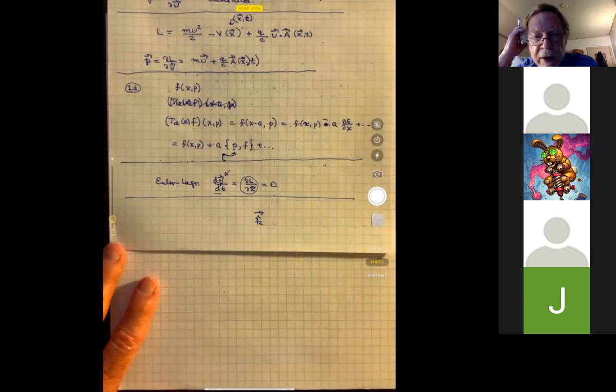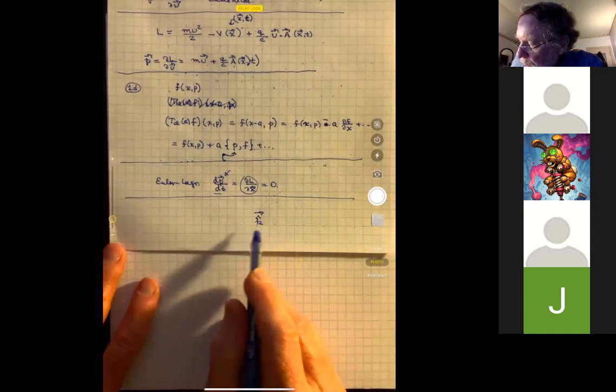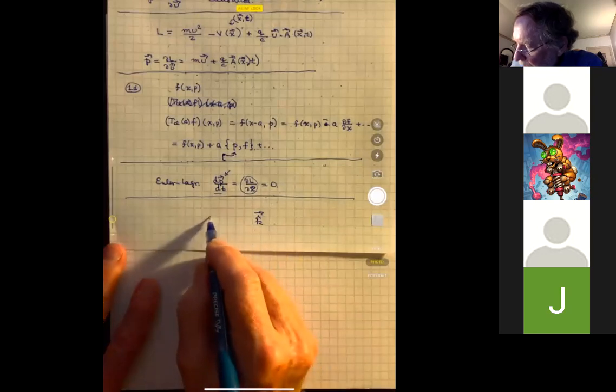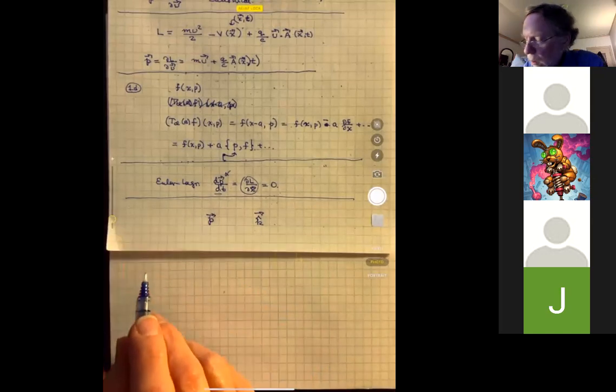If you wanted to, I could write hats on all the operators, but that gets tedious. So this is the k-hat operator that came from our theory of translations, and in quantum mechanics it is the generator of translations. But in classical mechanics, the momentum is the generator of translations.